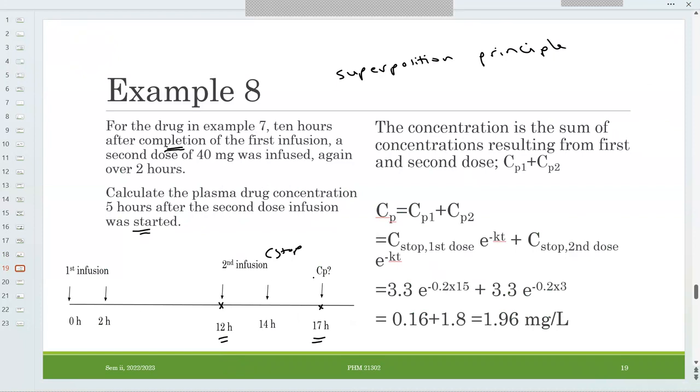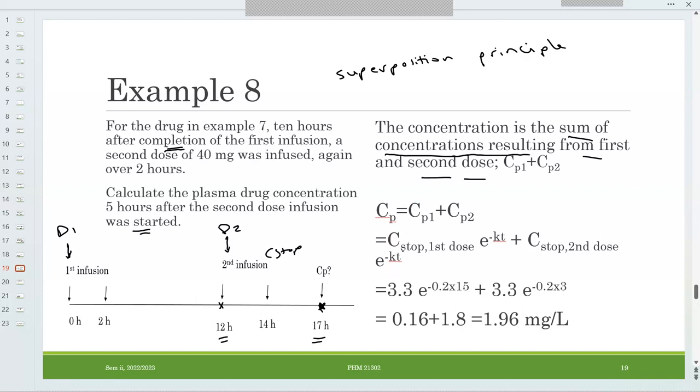How many doses were given here? 2 doses. So we need to calculate the concentration resulting from infusion 1 and from infusion 2 at 17 hours, and then add them together. So Cp equals Cp1 plus Cp2, the sum of concentrations resulting from both the first and second infusions.